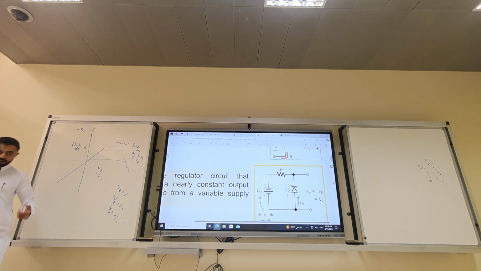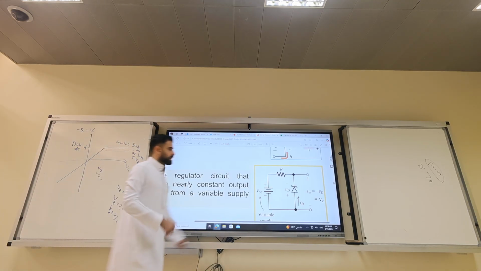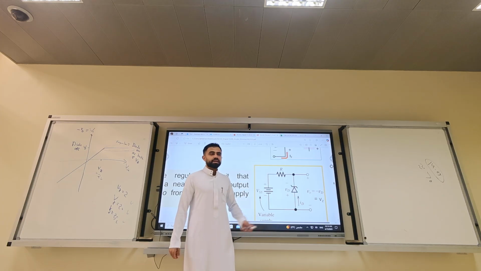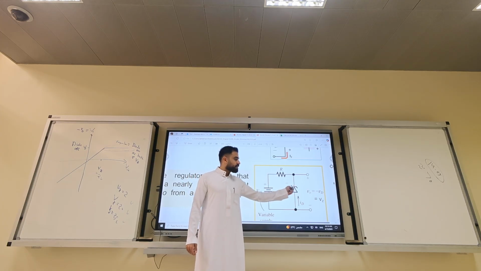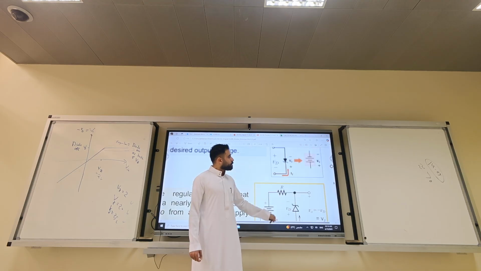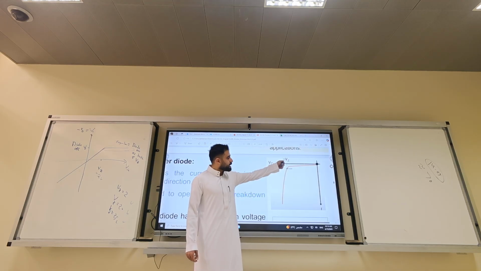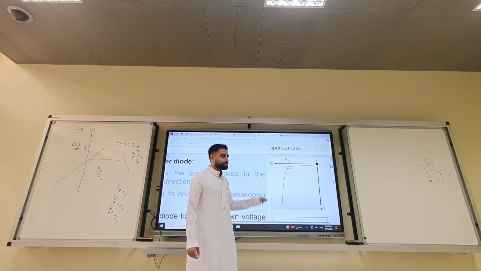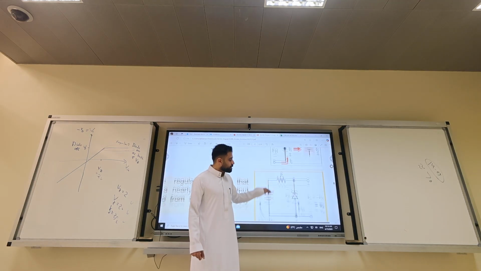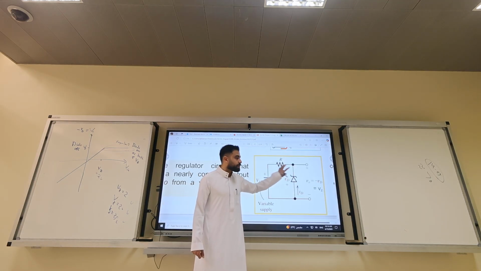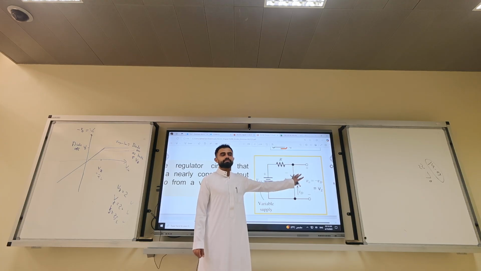Let me explain one more time. A Zener diode is a diode intended to operate in the reverse region. If the voltage is below -VZ, the diode will be on. If the diode is on, it will be replaced by a battery of VZ.